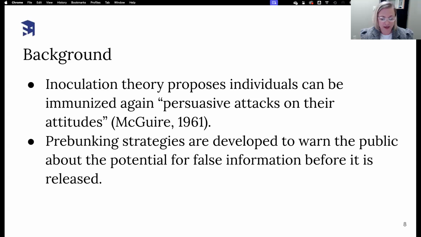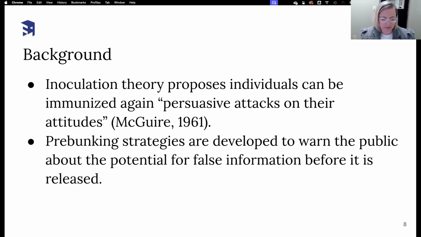Out of this theory, communication strategists have devised pre-bunking strategies that warn the public before false information is released. Some researchers argue that pre-bunking is actually more effective than debunking. Yet, I digress and say that more research really needs to be done to answer this debate.